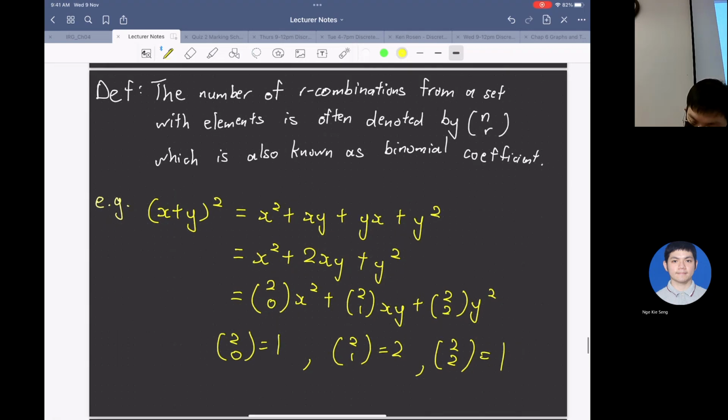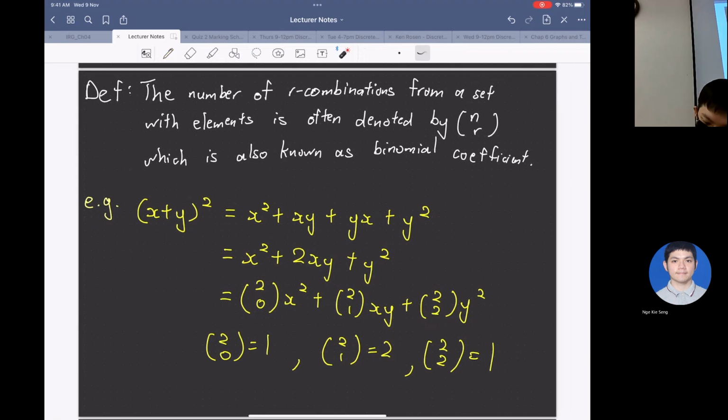So why is it binomial? Because we have two terms here, x and y. This binomial not only helps you calculate the square, it also helps you calculate all the powers n and predict all the coefficients.